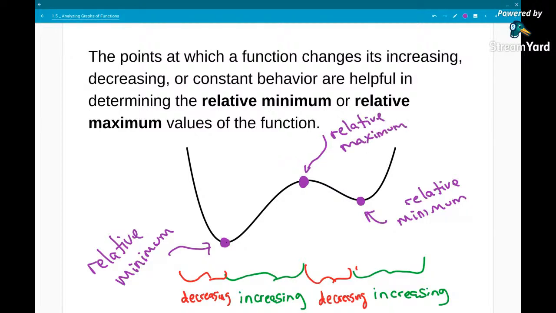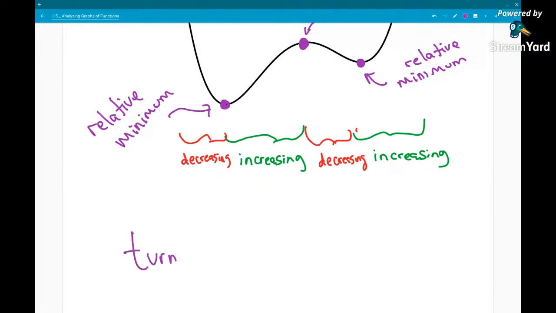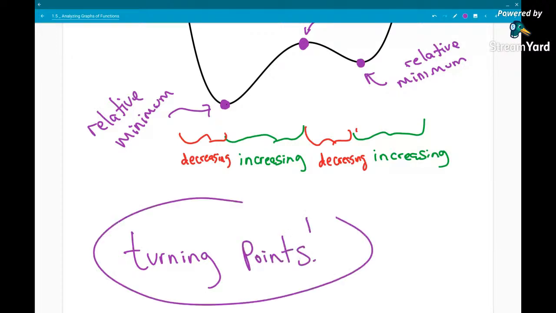So graphically speaking, if you have a turning point, then you probably have a relative max or min.